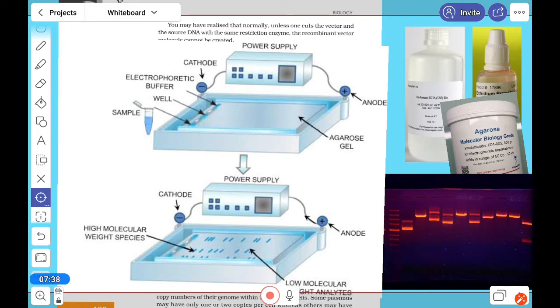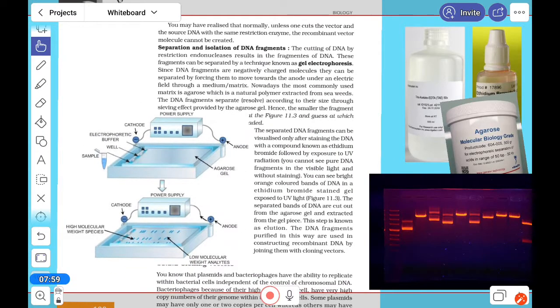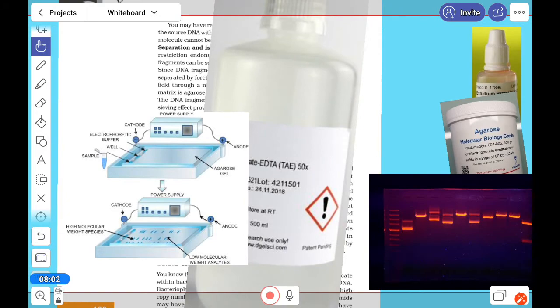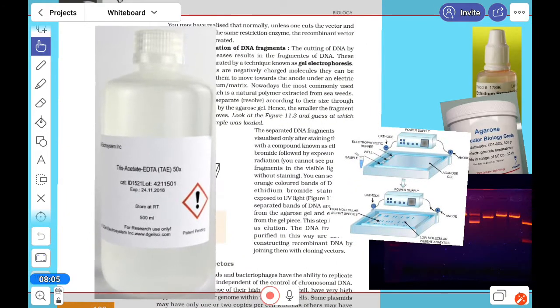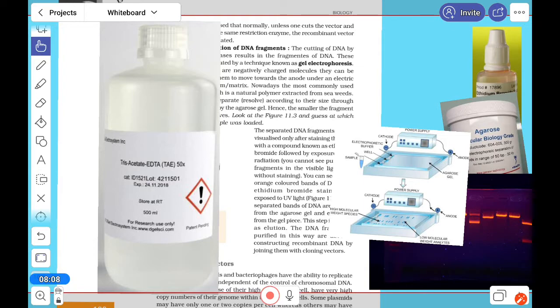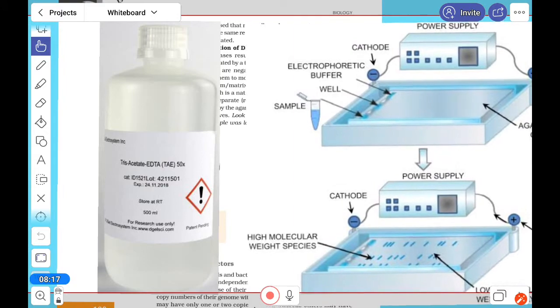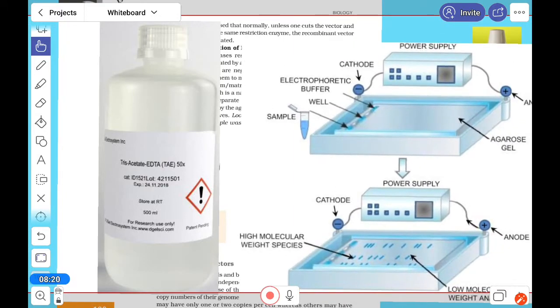One buffer we are using is to make it run smoothly. This buffer is TAE, tris acetate EDTA, with sodium chloride. I just want to show you this one. This buffer is used. You can see this liquid medium which will be placed here.